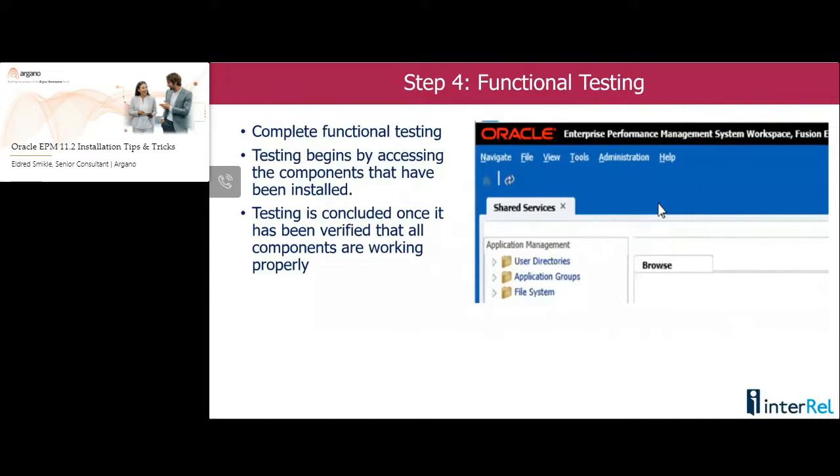For us, in this case, we've actually accessed Workspace. So this lets us know that it's actually up and running. The communication with the database is okay, and the communication with the RCU schemas is also okay. So everything is communicating at this point because we're able to get into our workspace for 11.2.